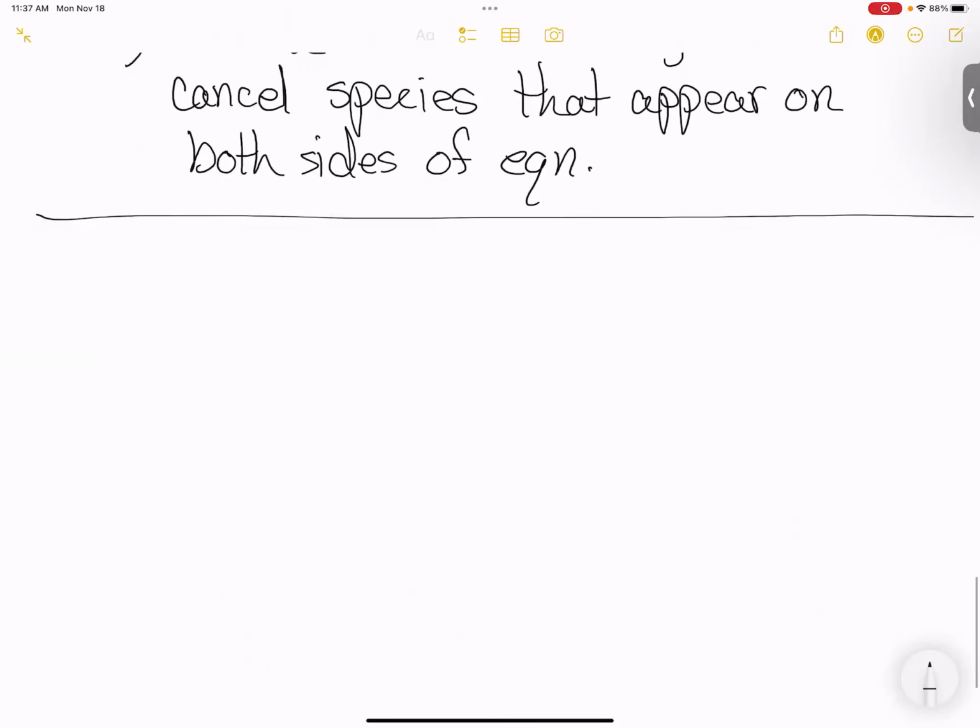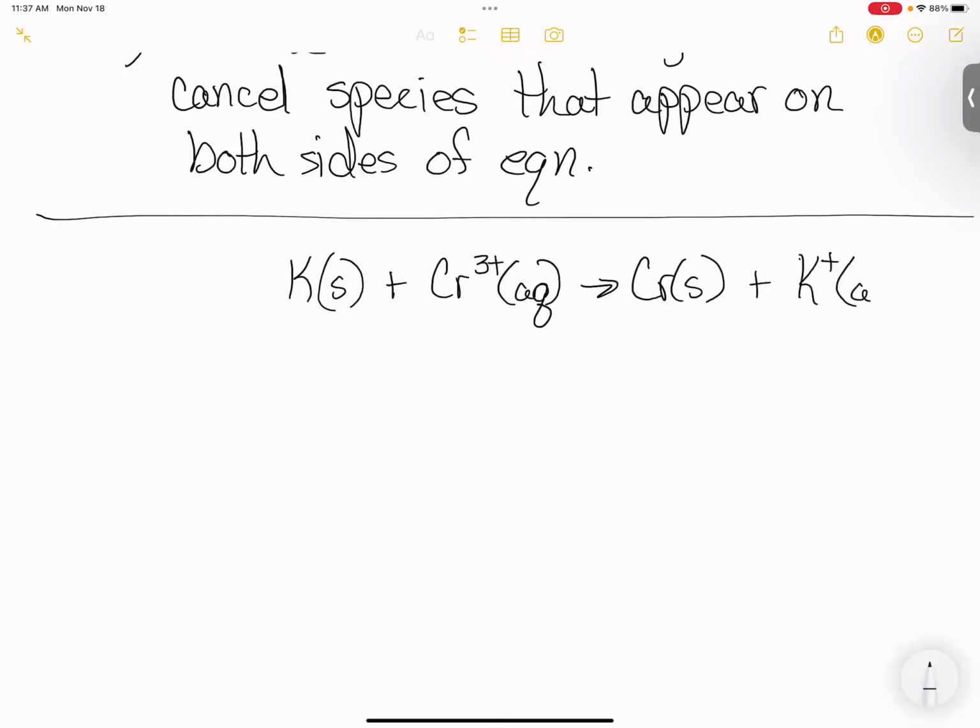So the equation we're going to look at is potassium solid plus chromium 3 plus aqueous goes to form chromium solid plus potassium aqueous. This one's actually going to be fairly easy, but we're still going to do it by the steps. Step number 1, we're going to break this equation down into 2 half reactions.